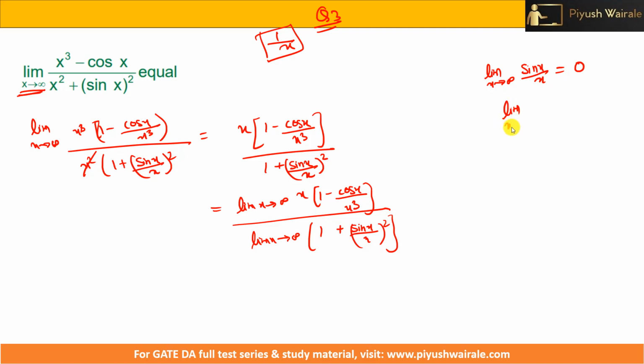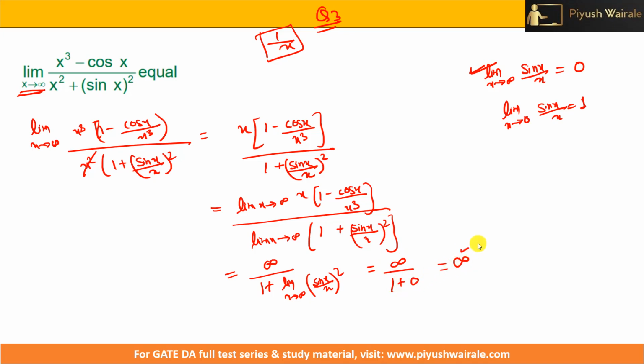And limit x tends to 0 of sine x upon x is basically 1. But here it is 0. So if I transfer this limit to sine x by x, that will be 0. So at the last, put x tends to infinity: instead of x, infinity. The numerator will be infinity and the denominator will be 1 plus the limit x tends to infinity of sine x by x whole square. So I will get infinity upon 1 plus 0, that is basically infinity only. So the answer will be infinity.